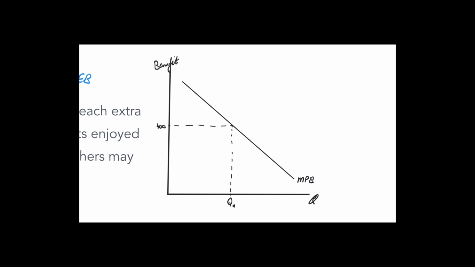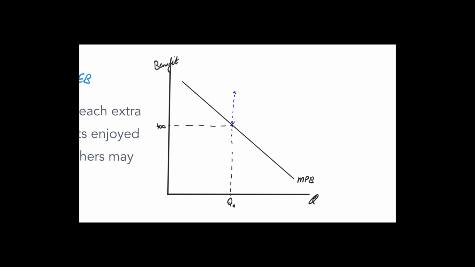If this good has a positive third party advantage. So the thing is, at this quantity, this is looking only at the private benefit. So let's say the external benefit is another 200. So what I'm going to do is add an external benefit to it of 200.